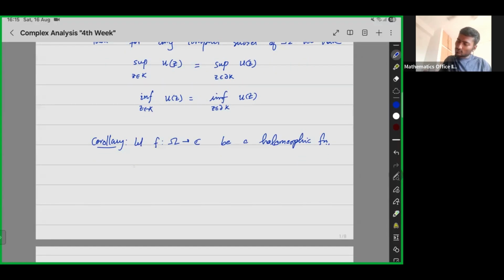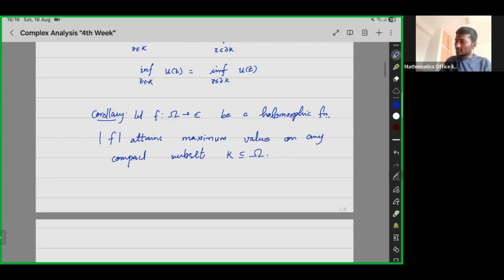Then mod f attains its maximum value on any compact subset K, and it is on the boundary, and the maximum over z belonging to K of modulus of f of z is equal to the maximum over z belonging to the boundary of K of modulus f of z. So you remember this?